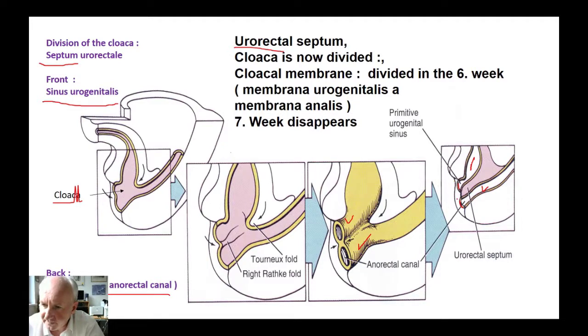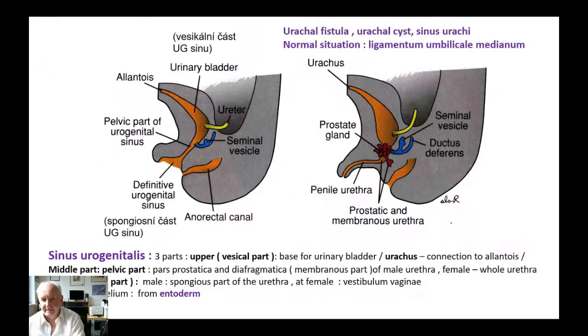The membranes will vanish around the 7th week, completely disappears. So, I think you see it here, septum urorectale, this is this, vanished the membranes, you see dorsally anorectal channel, and this is sinus urogenitalis.